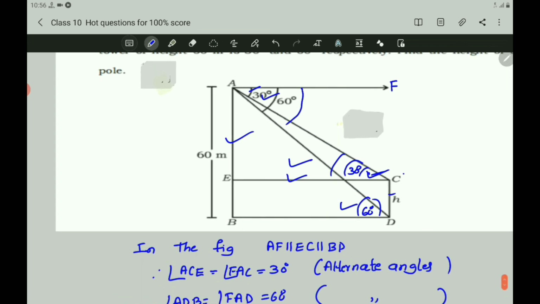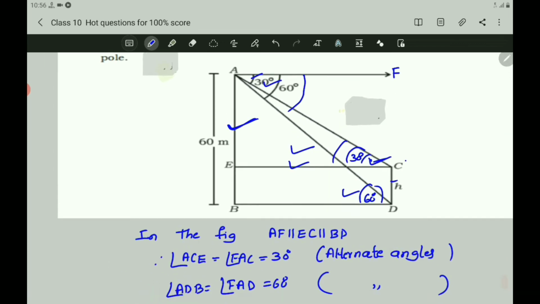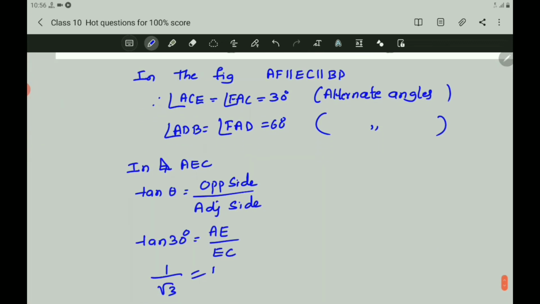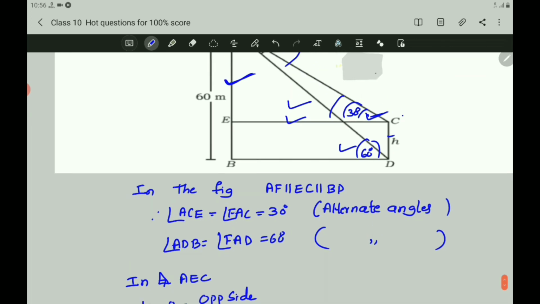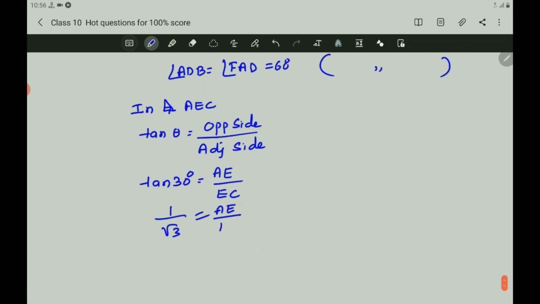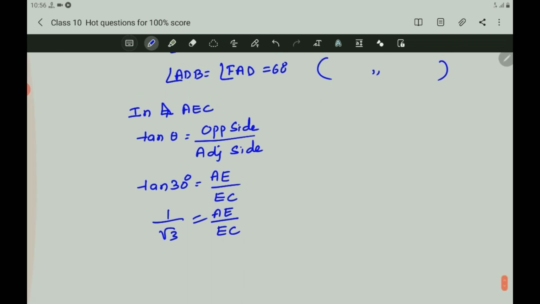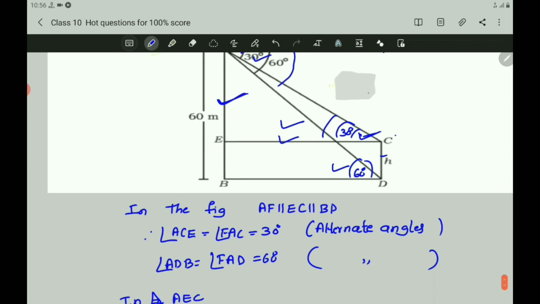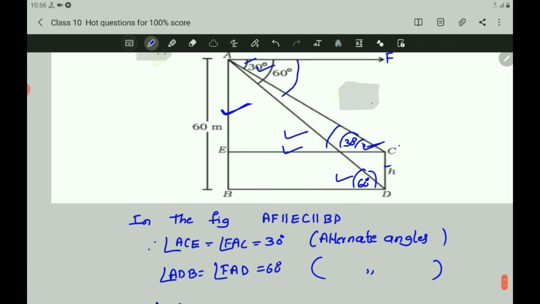So you take AE, you don't know, you write it as AE only. And EC is also don't know, you write it as EC only. So you write the relation between EC and AE.